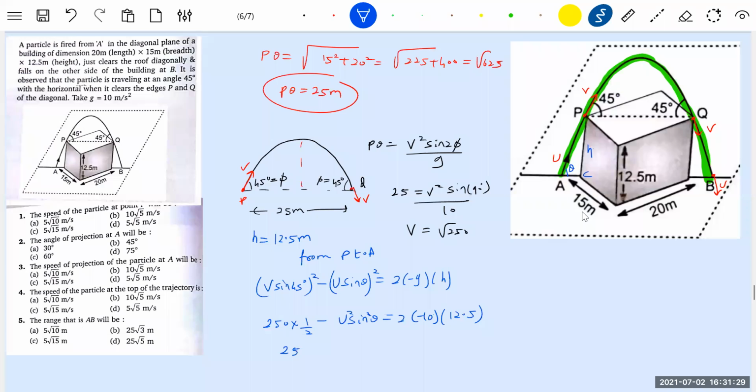So this will be 250 by 2, 125, 2 will be 250. Negative, minus of this. So therefore U square sine square theta will be 250 by 2. Keep it here. Somehow if I can get U square cos square theta, the headache will be over.